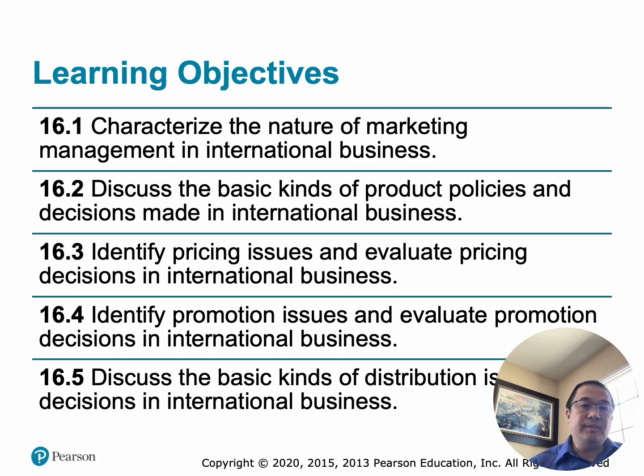16.2 Discuss product policies and decisions. Companies must decide what products to sell internationally, whether products should be modified for local markets, and how to manage global brands. The key issues are standardization, or selling the same product worldwide.